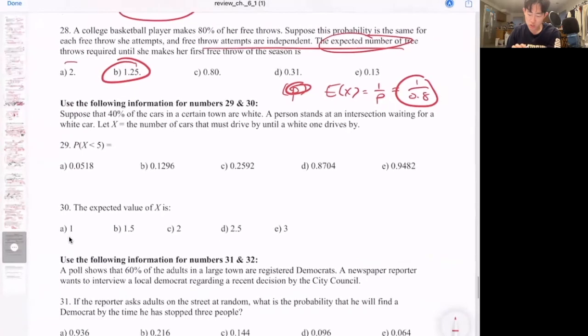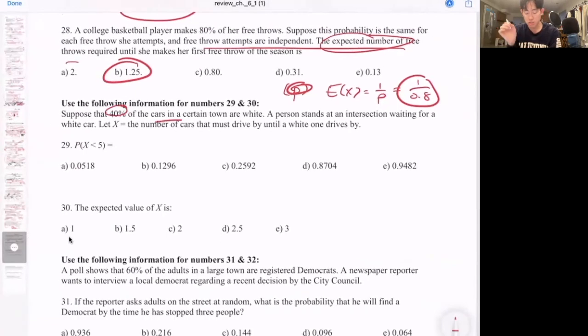Okay, so this is geometric. Suppose 40% of the cars in a town are white. A person stands at an intersection waiting for a white car, so you keep on standing there until you see a white car. Probability of x less than 5 means this is going to be a geometric CDF, which means probability of x equal to 1 plus all the way down to probability of x equal to 4.